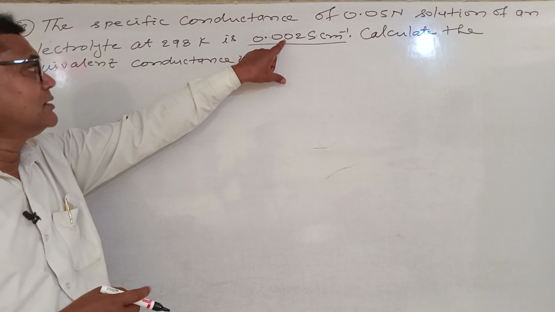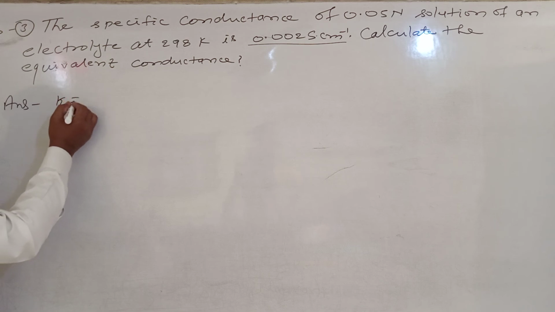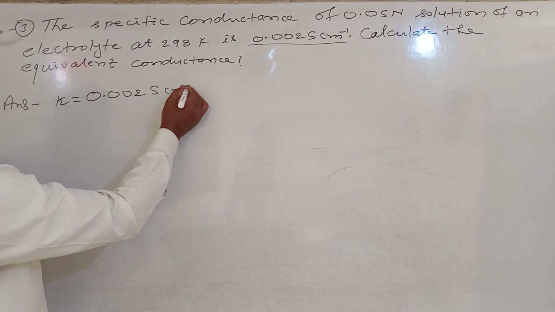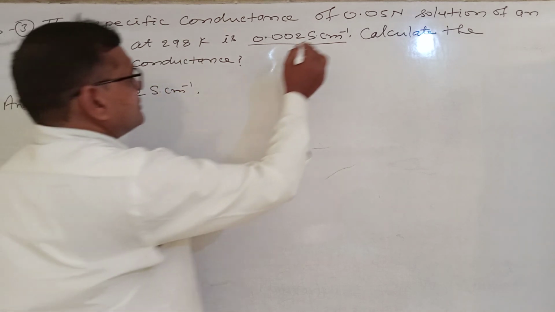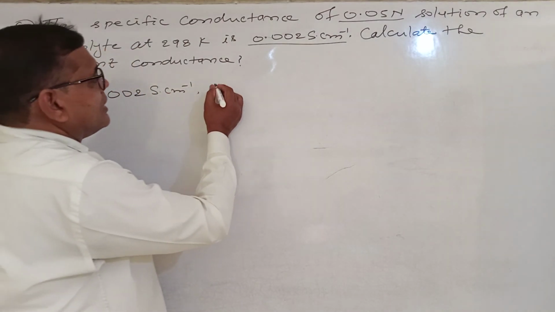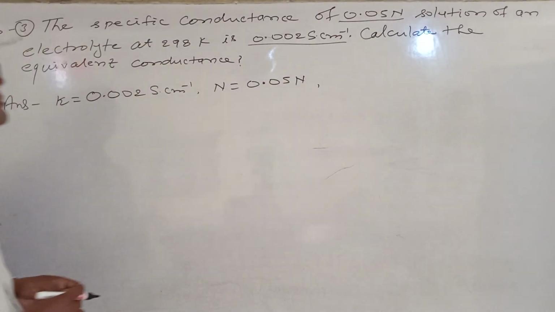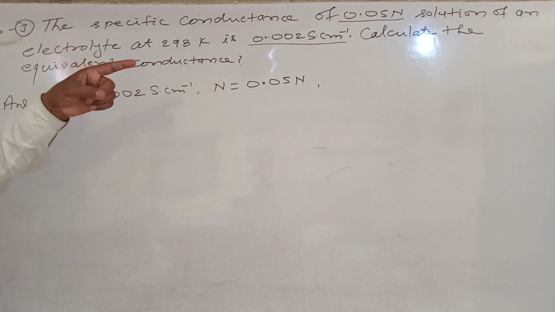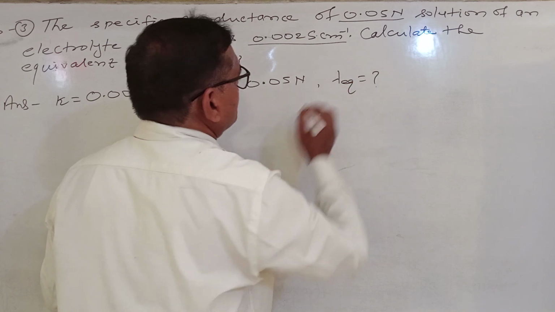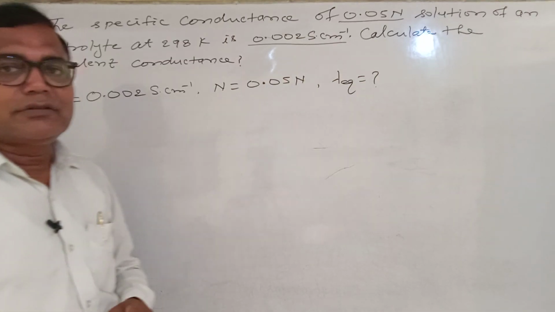This value is kappa. Here we write kappa is equal to 0.002 Siemens cm inverse. This value is the concentration of the solution in normality. Here we write capital N is 0.05 N. The question asks, calculate equivalent conductance. The symbol of equivalent conductance is lambda EQ. We write lambda EQ is equal to what?